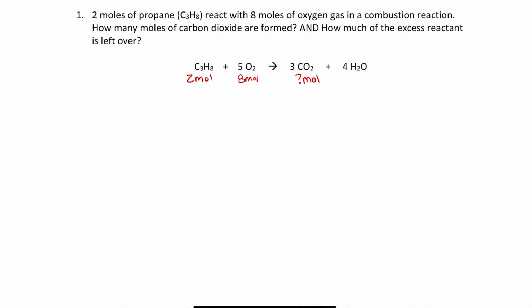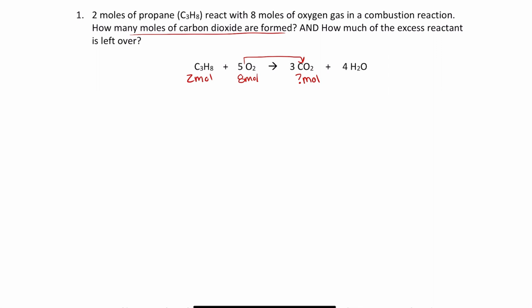produced or formed. So in order to solve this problem and get the correct answer, I'm going to have to perform at least 2 stoichiometric calculations. The first one is from oxygen to carbon dioxide.